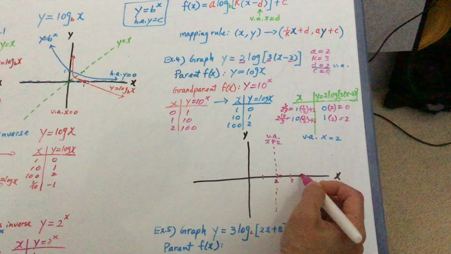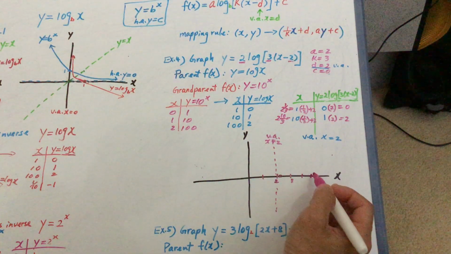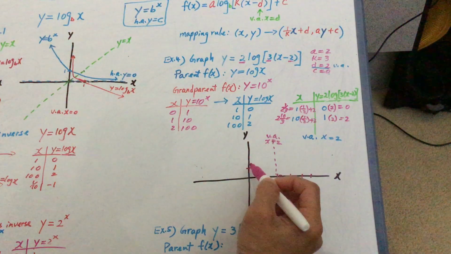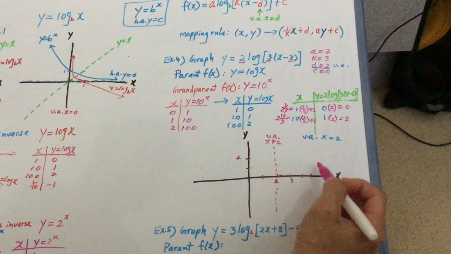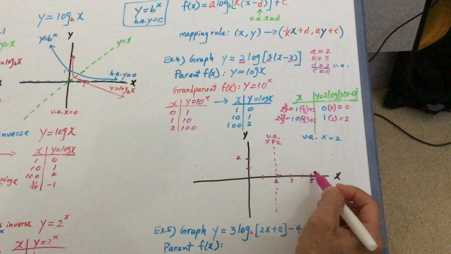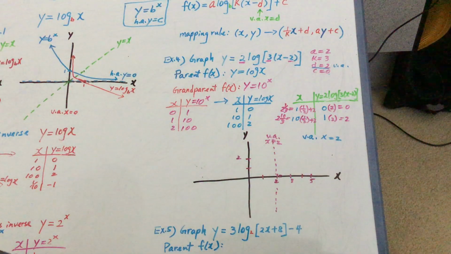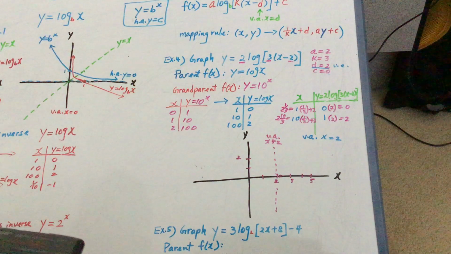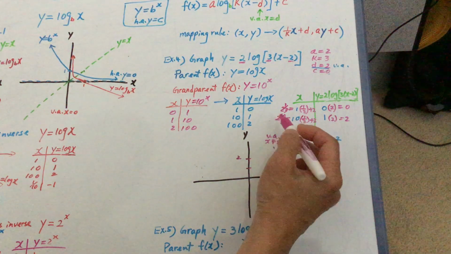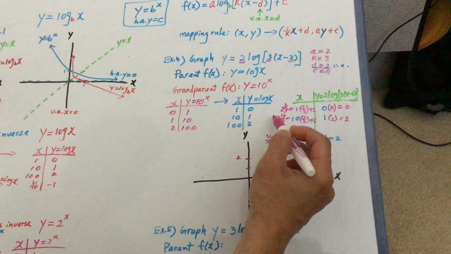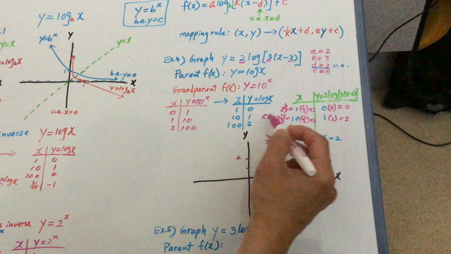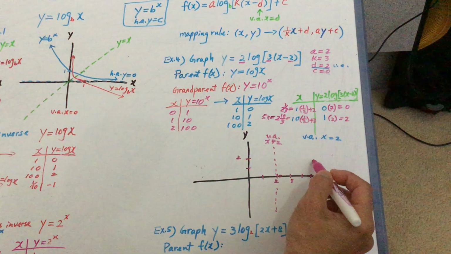So this whole thing will give you approximately 5.33, and the point is going to be somewhere here.